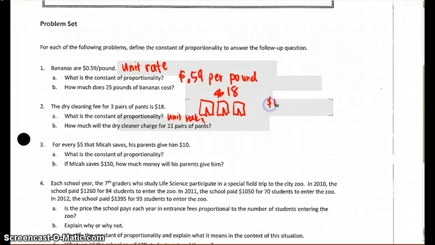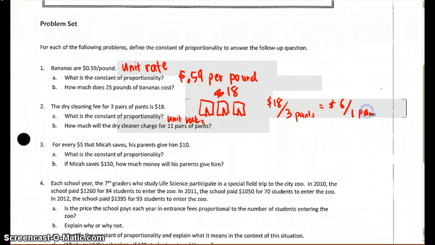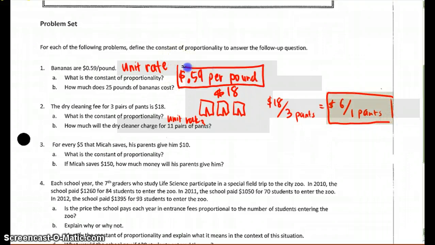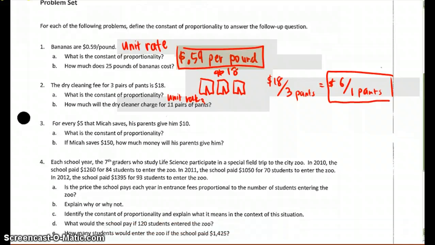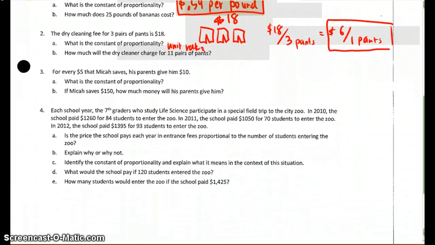So if we take 18 and divide it by the 3 pants, we are going to get $6 for 1 pair of pants. So our unit rate, or our constant of proportionality, is just that. That's $6 for 1 pair of pants. Then complete B by yourself. I think you can do number 3 by yourself. It's very similar to number 2. Let's look at number 4.